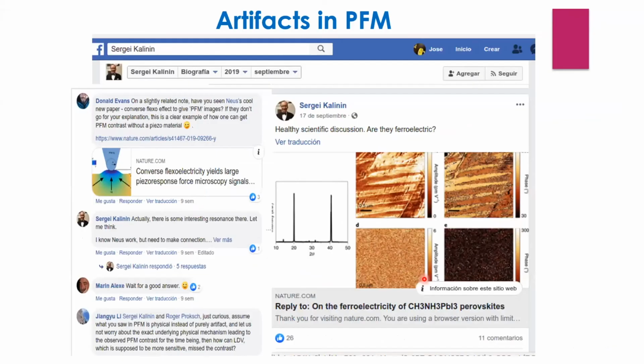So people begin to ask if this is a good technique to study these materials, because it can give you signals that are not ferroelectric. And Sergei Kalinin asked if these kinds of measurements are ferroelectric or not.